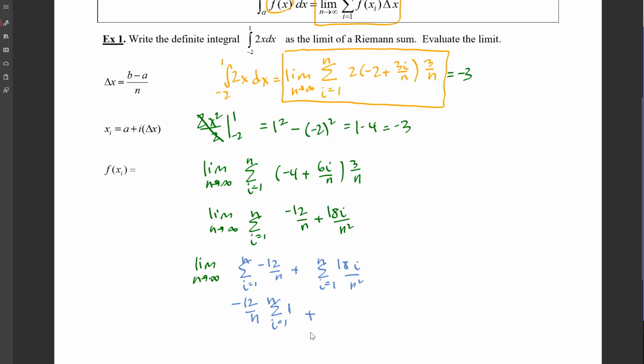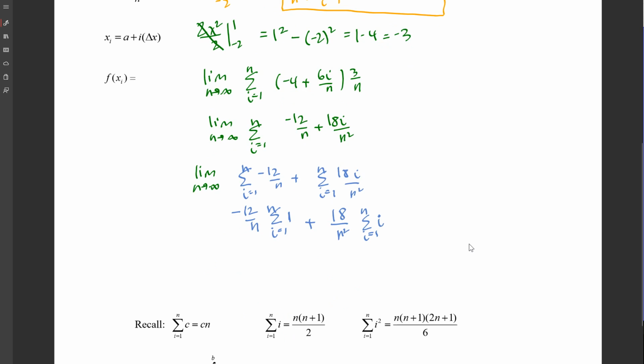And in the same way, I can pull this 18 over n squared out, because the n is really just a constant. But the i keeps going, right? The i actually is a counter, so I have to keep the i in. So this becomes 18 over n squared times the summation i equals 1 to n of i, okay?